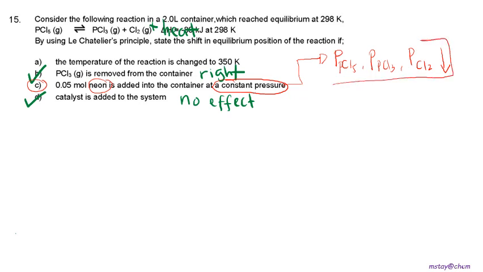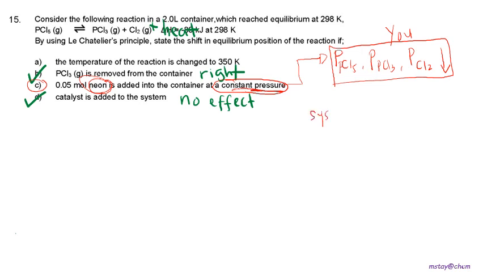Okay, this is done by you because we want to maintain the constant pressure after the neon gas is added. So each of them has to reduce a bit so that the total pressure will remain.